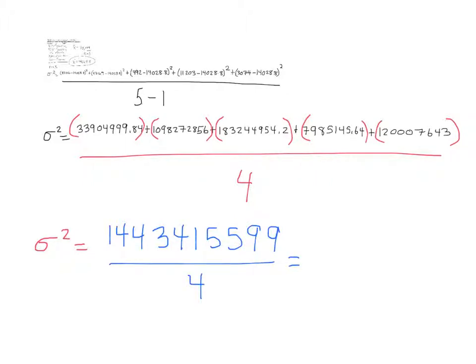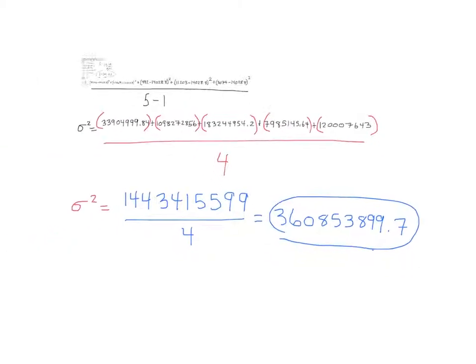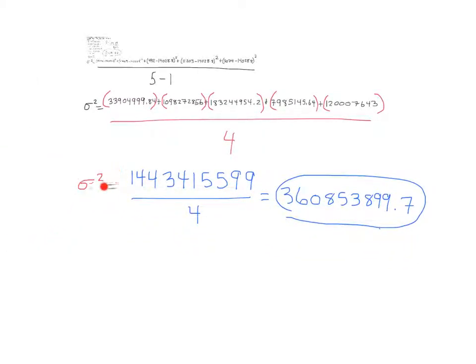And so I'm going to type divided by 4, and I get 360,853,899.7. So that right there represents my variance. Okay, and we know that sigma squared means variance.